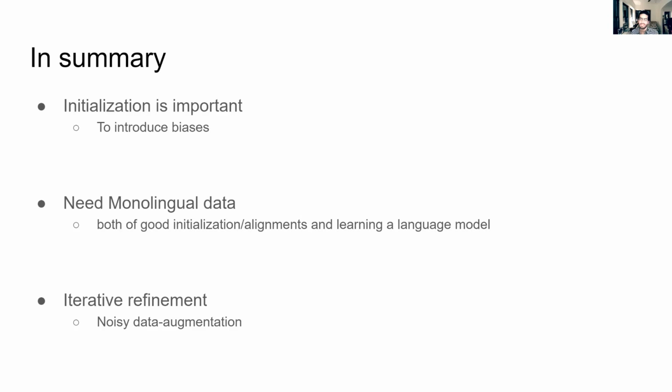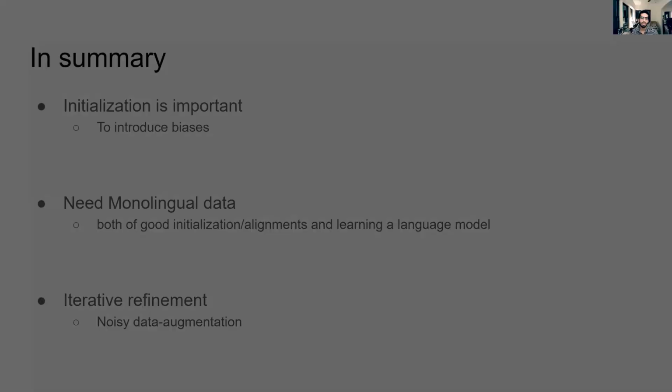You need to train a language model, like using the denoising autoencoding objective, or just the language model in statistical MT. And the third thing, which is the most important, is iterative refinement. As we saw, just starting with initialization doesn't work very well. So you need to do some noisy data augmentation. You generate noisy or pseudo parallel sentences and then fine tune your model on those and keep on doing that in an iterative manner. And that has been shown to give a lot of improvement.